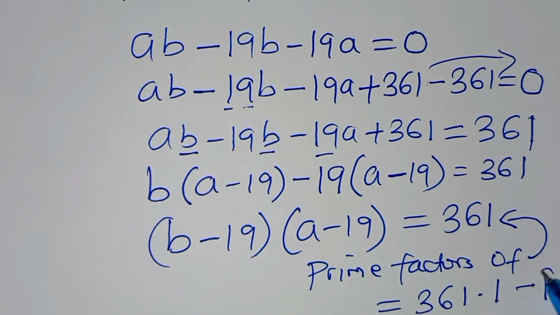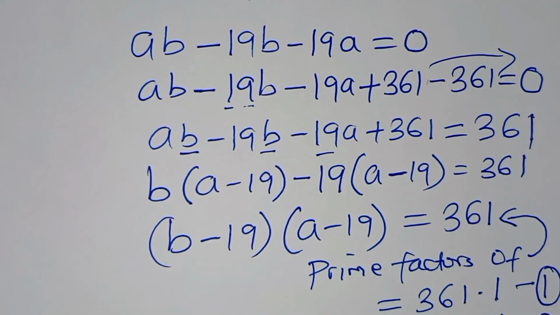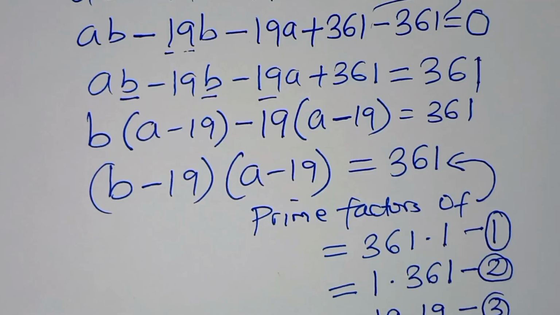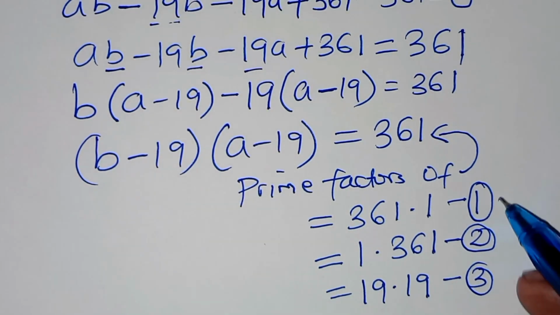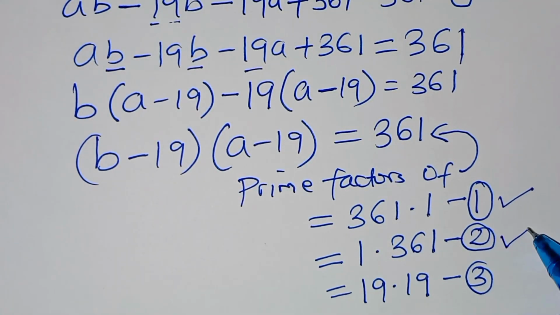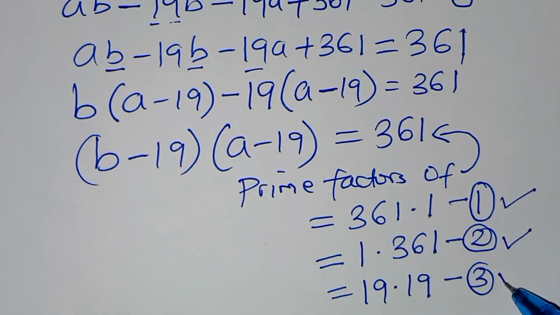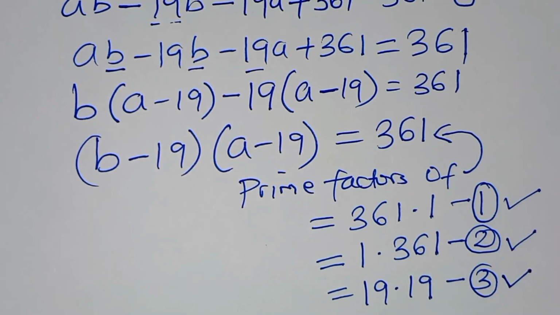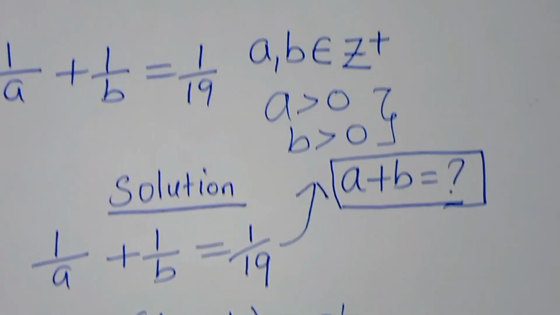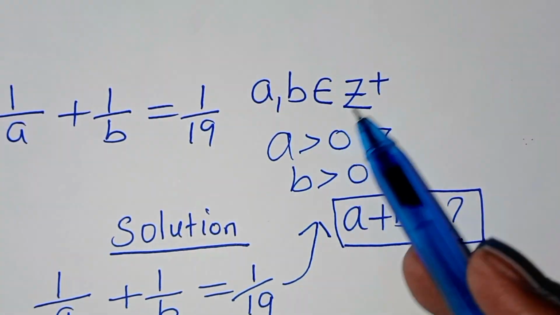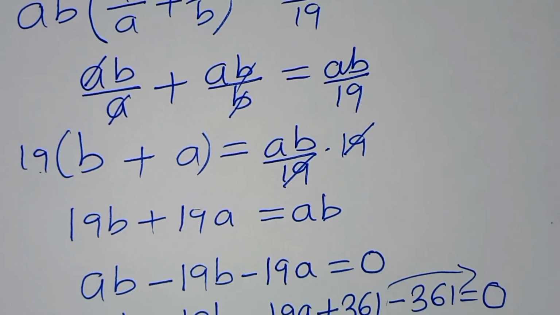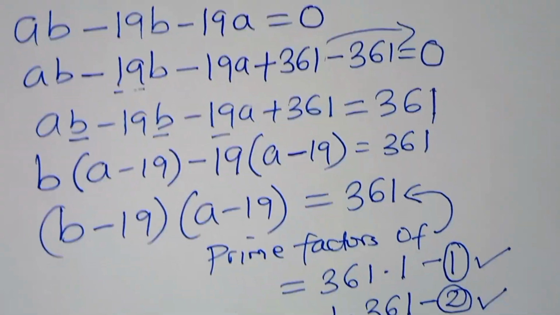So we have case 1, case 2, and case 3. We have 3 cases here. By following the property that a and b are positive integers, let's proceed to solve the 3 cases as follows.